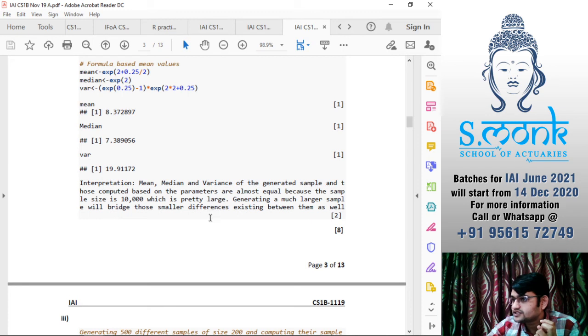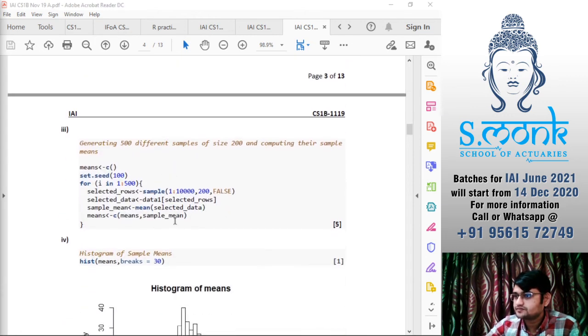Generating a much larger sample will bridge those smaller differences as well. They're just saying if you increase the sample size, you will get a much closer answer. Okay, so that is what they are saying.